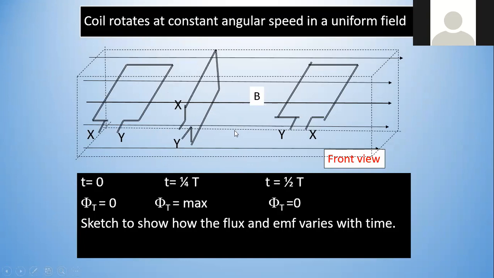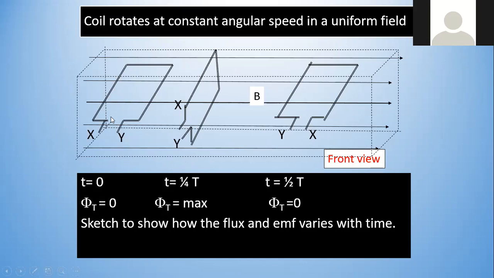Then it rotates. Sorry, I haven't got my direction right. Initially it's horizontal, it turns out like that, then turns back. Horizontal at time equals 0, no flux linkage. And after that, a quarter of the period.